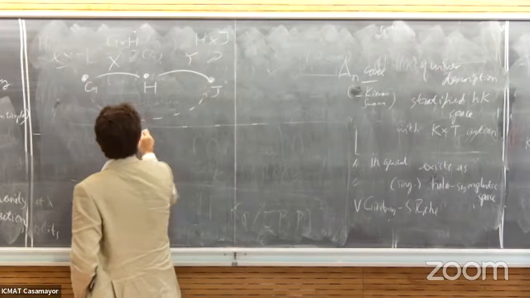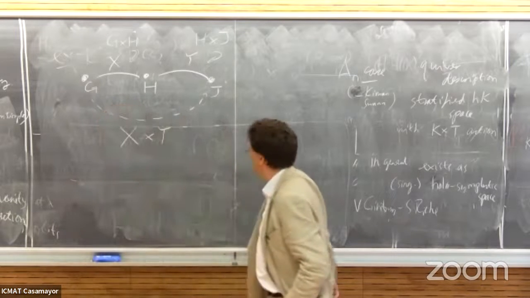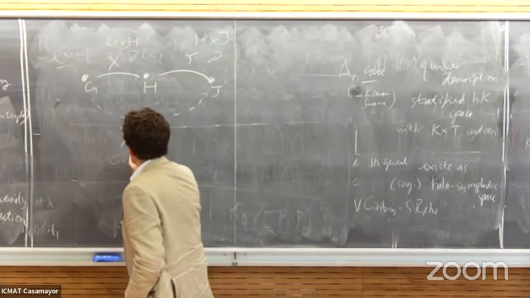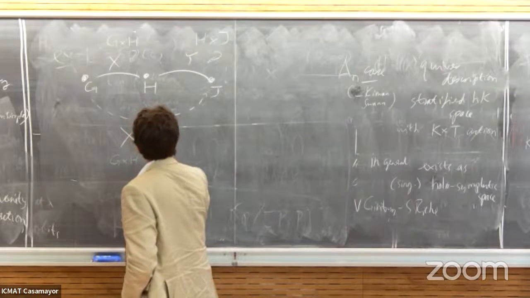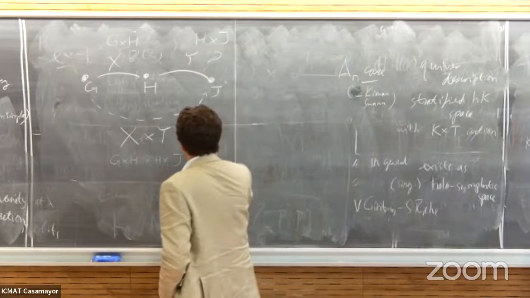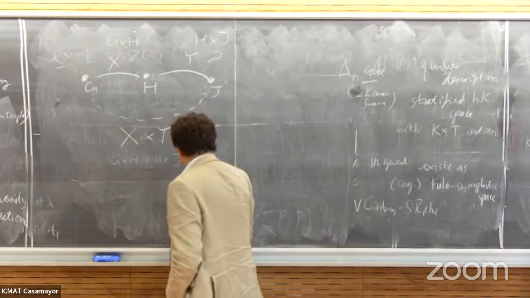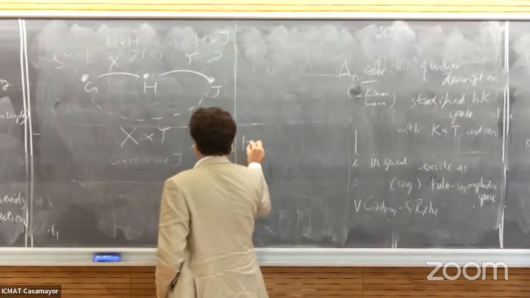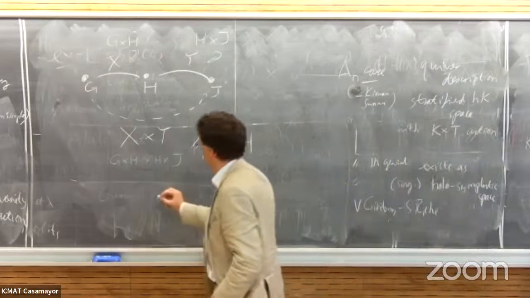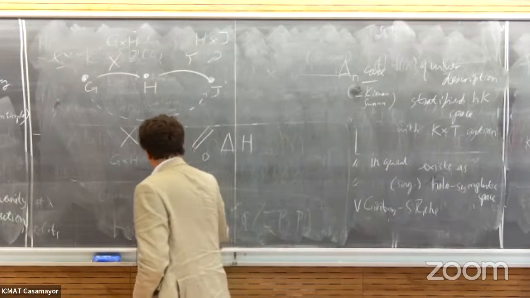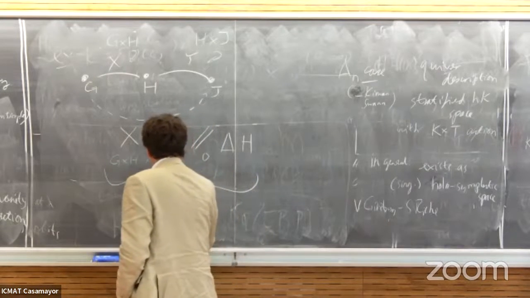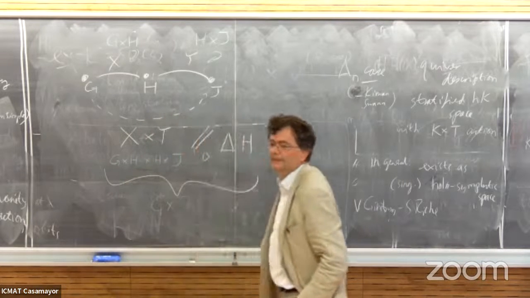Well, we start with X cross Y. And that, of course, now has that action. So then we do the obvious thing. We just holomorphic symplectically reduce by the diagonal. Now we get something with a cross J action, and that is our morphism.